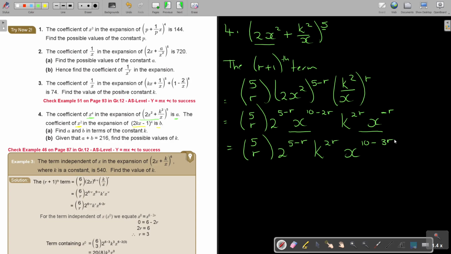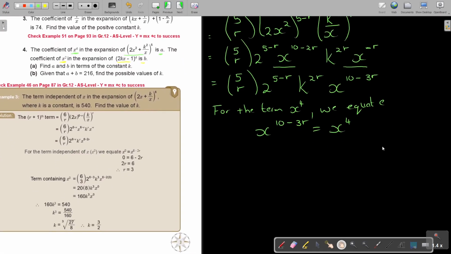Okay, and now I'm going to say for the term x4, we equate x to the power 10 minus 3r equals x to the power 4. Sometimes I put x4 on top, front, something, it doesn't matter, as long as you have both together.